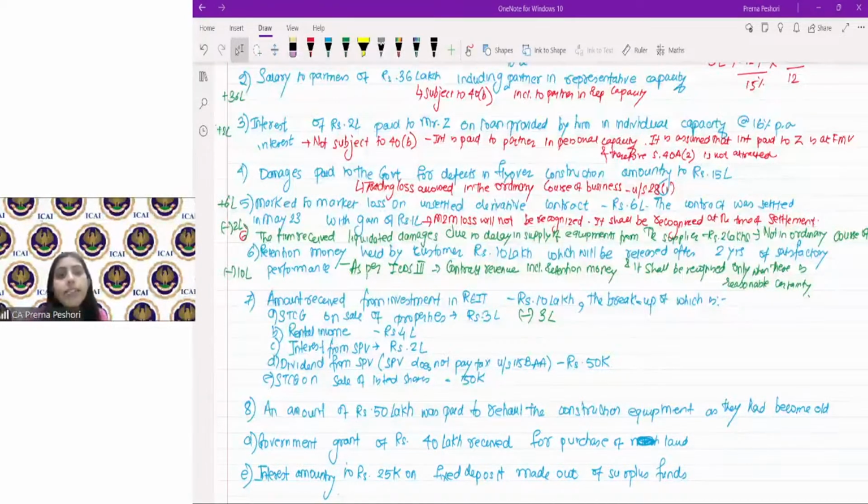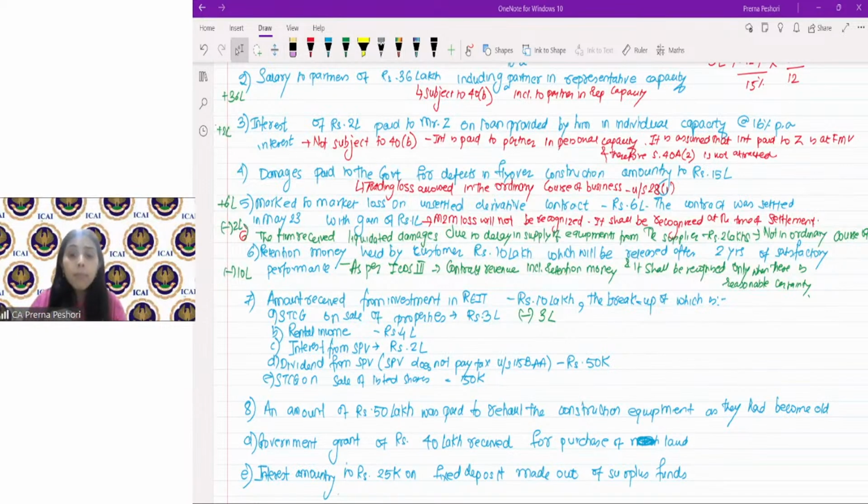So understand this very carefully. Rental income from the properties owned by the REIT. Now this is rental income of whose? Is it rental income of mine? No. This is the rental income of the REIT. For the REIT, what does the provision say?